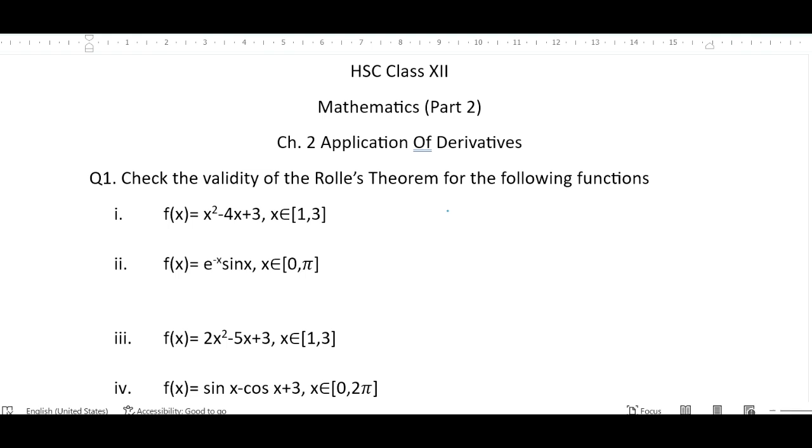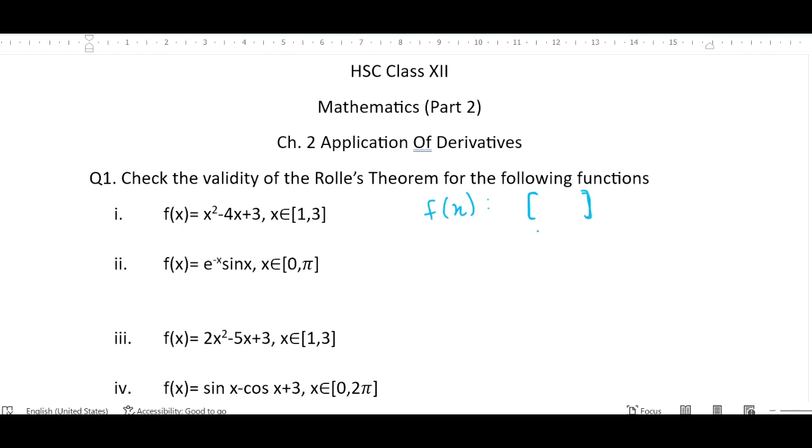Rolle's theorem has three conditions. If you have a function f of x, it should be continuous in the closed interval of a given domain.